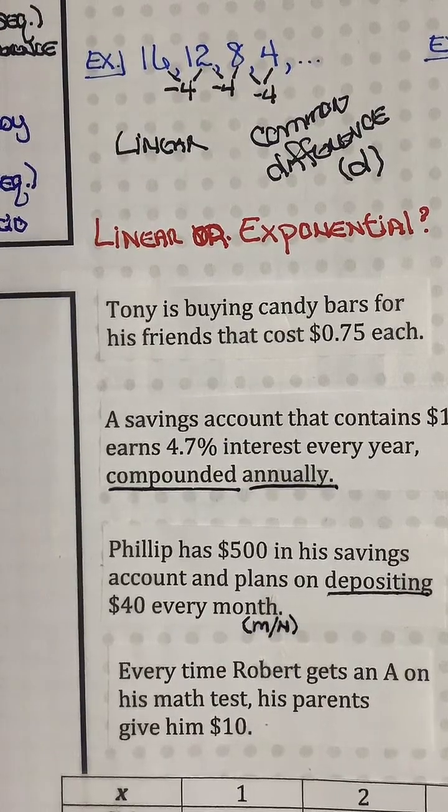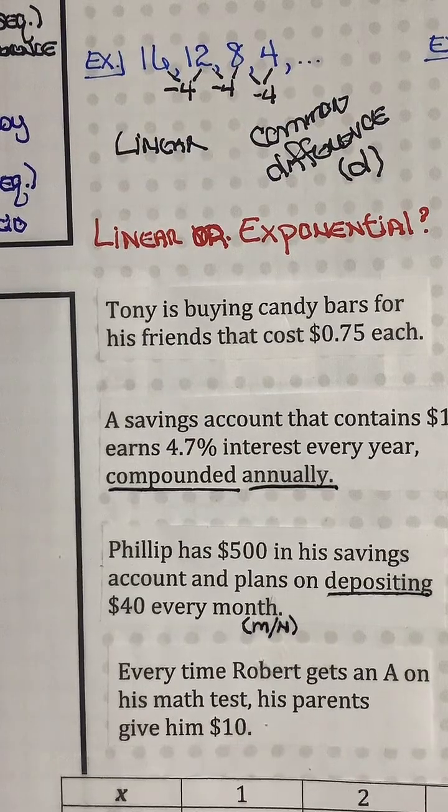Doctor is saying linear. Michael's saying linear. Elliot's saying linear.